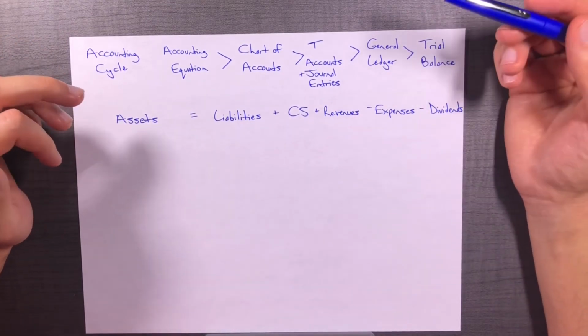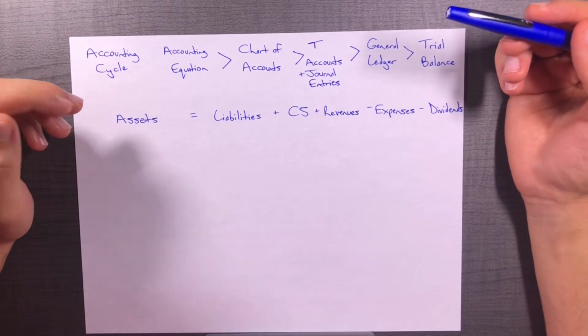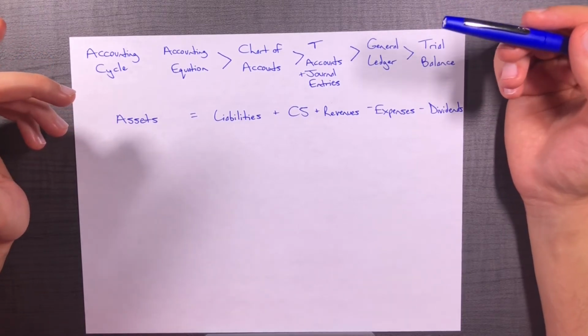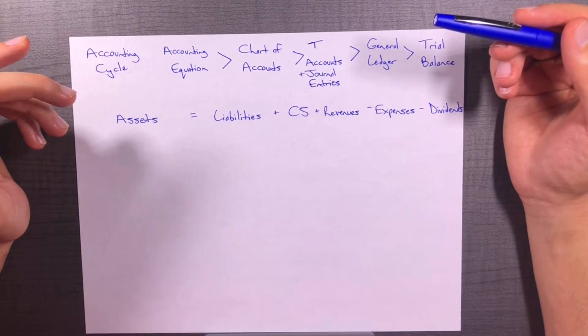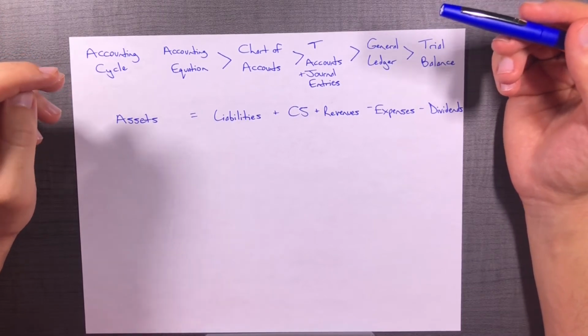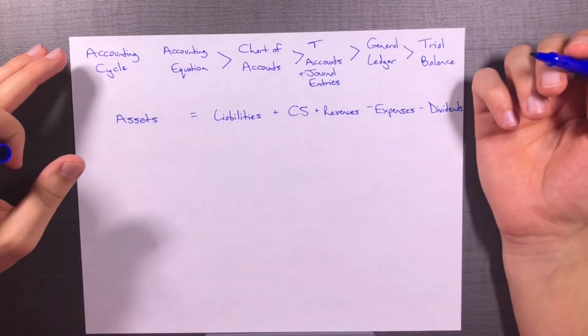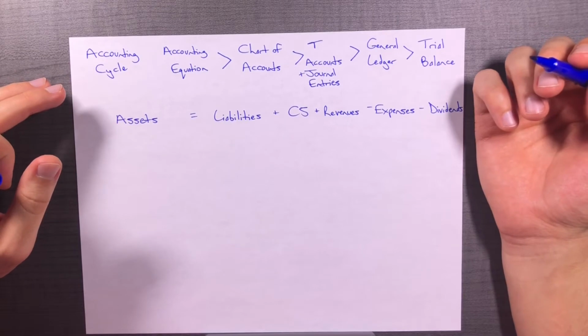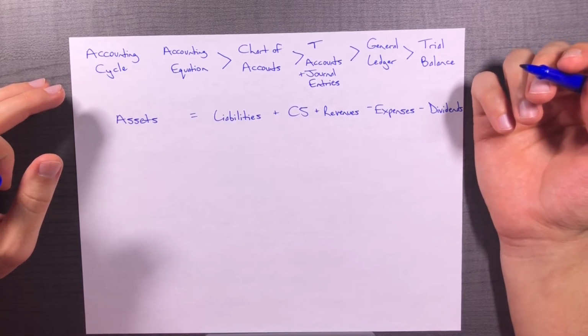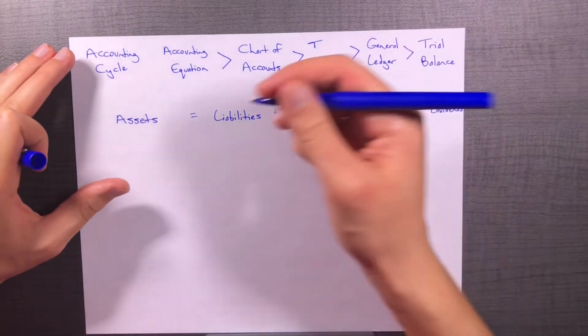Now, many companies may have similar accounts, like almost all companies will have at least one account for cash. But the larger and more complex a company is or becomes, the larger and more complex its chart of accounts can become. A large company could have hundreds of different accounts for cash, each with a distinct name. A situation in which this may arise is when a company has multiple bank accounts. The accounting department will create a new account in its books for each bank account.